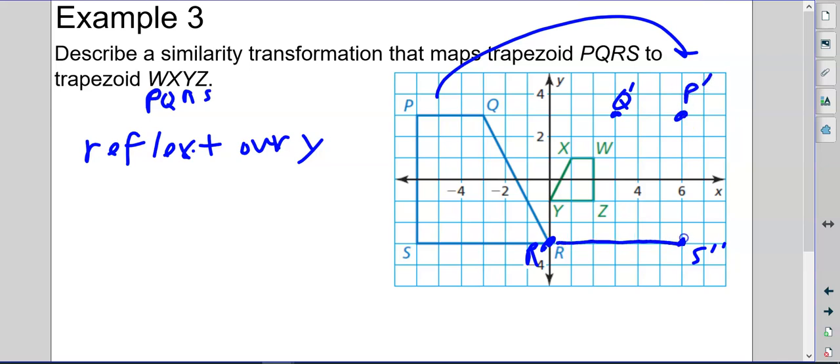Now, this is the same shape, okay, changed by a reflection.